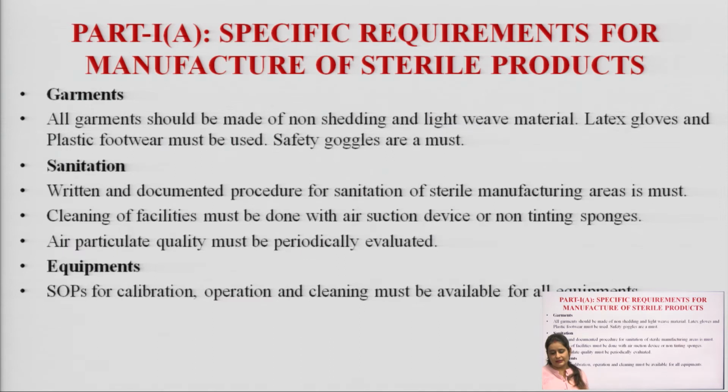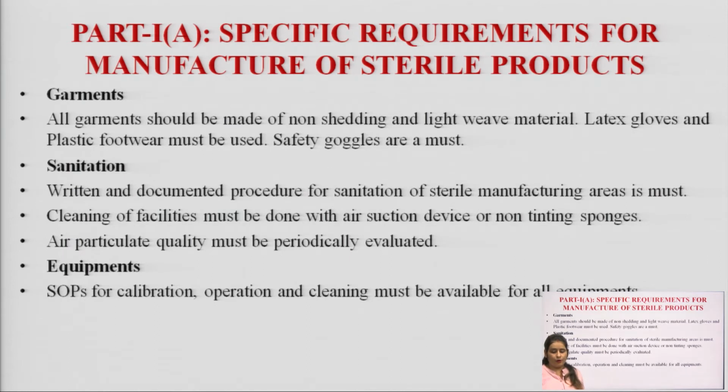Cleaning of facilities must be done with air suction devices or non-linting sponges. Air particulate quality must be periodically evaluated. Where sterile products are manufactured, HEPA filters are used to maintain the quality of air.